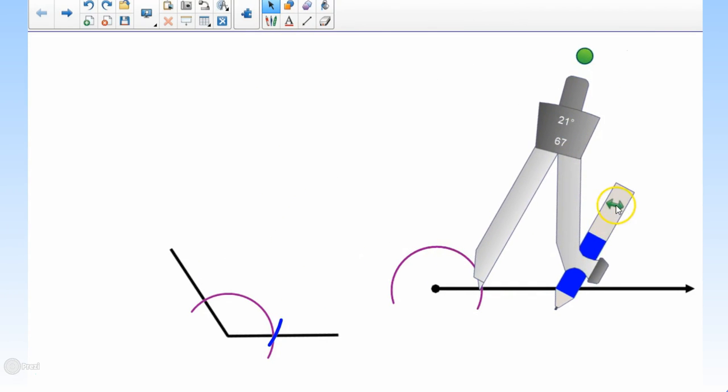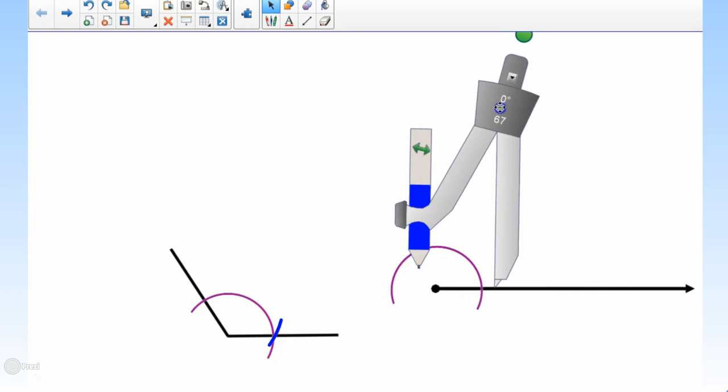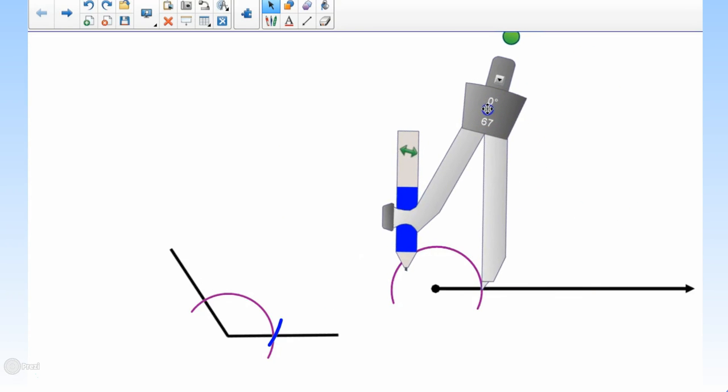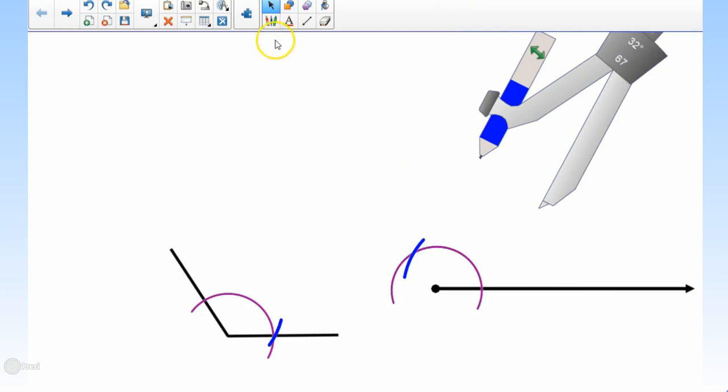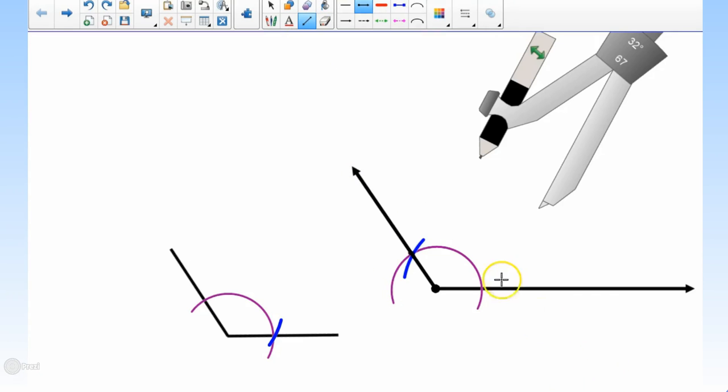I actually need to flip it. And I make my arc, move my compass out of the way, and what I have here is a point of intersection. That will be where the second ray goes through. I have just constructed an angle congruent to a given angle.